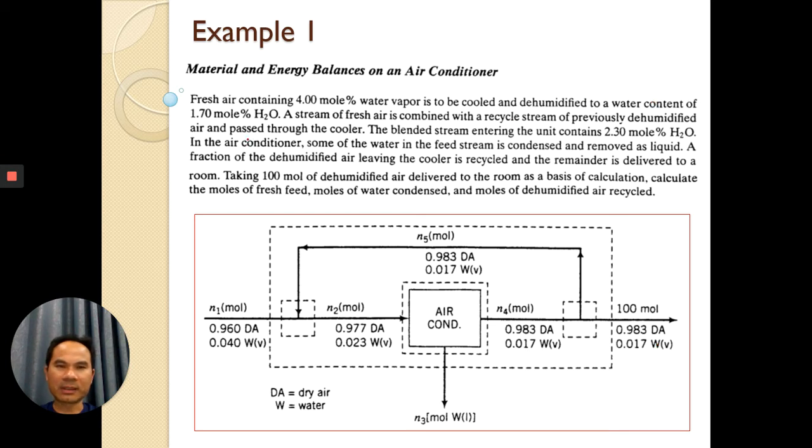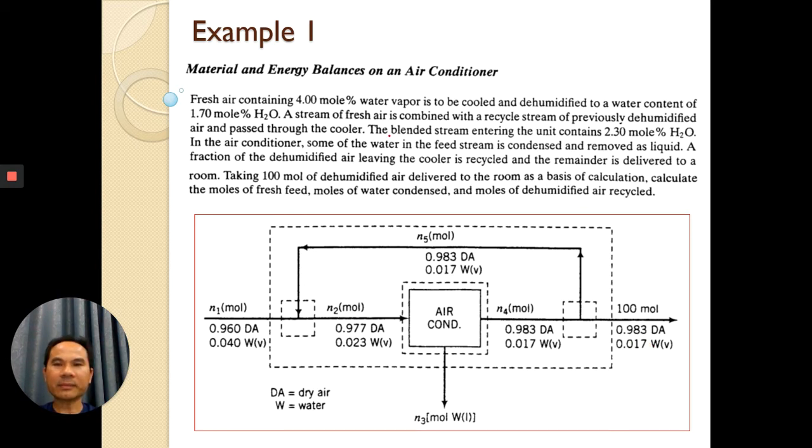We have only air and water. The feed is 4% water, and the remaining 96% is dry air. The output is 1.7% water, and the balance is 98.3% dry air.